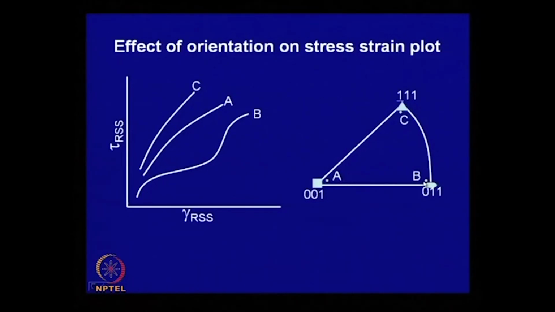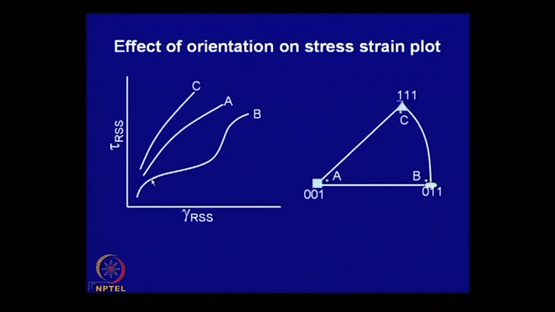Now, if it is here, then this will try to rotate your slip direction towards the slip vector, which is somewhere here. So, there will obviously be a large period, with a large extent of strain, during which slip will occur only on a single slip system.